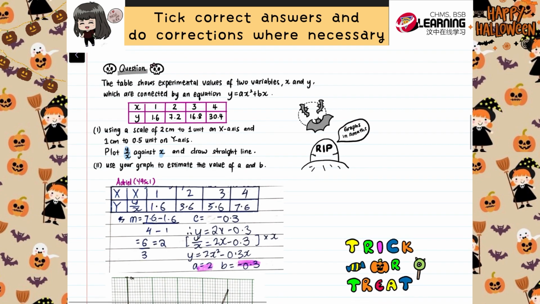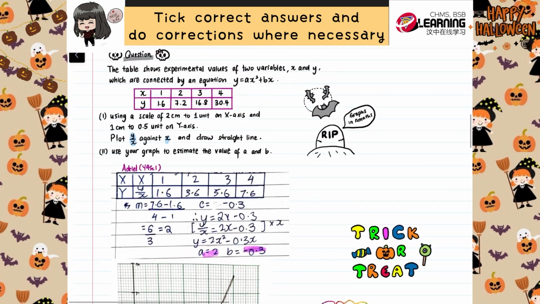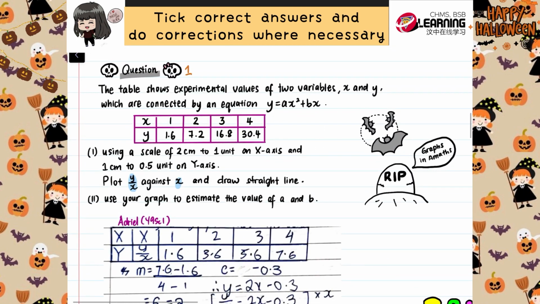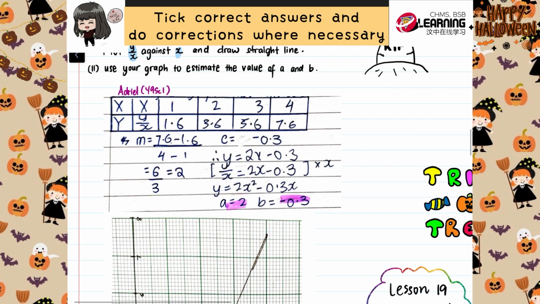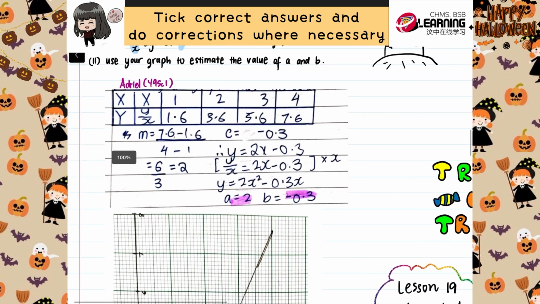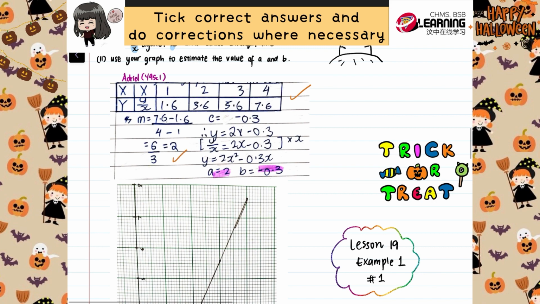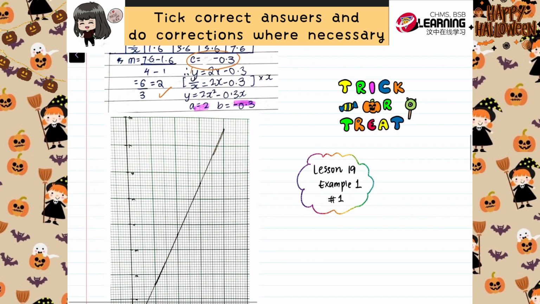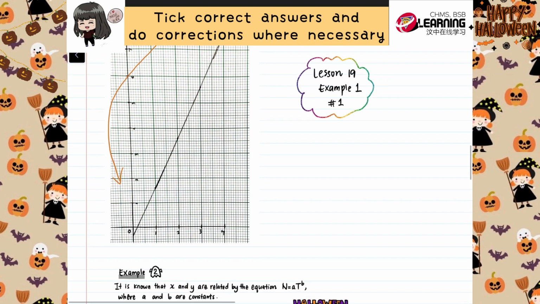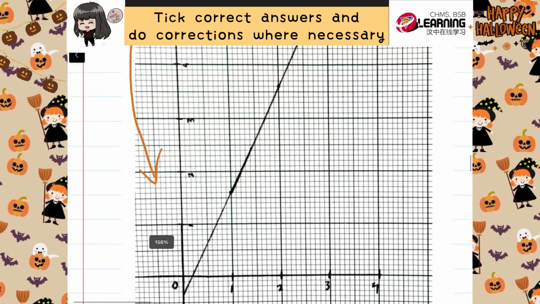Okay, and then for question, this is question 1. I will pick Adriel's answer here to check. The table is there, and then gradient is there, and your C, I will check from your graph. Let's look at his graph. Is it negative 0.3?